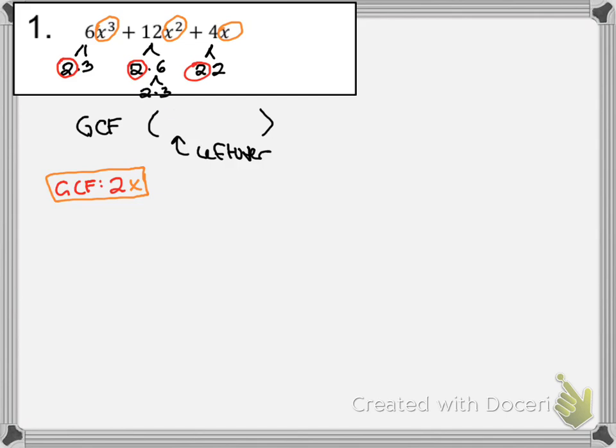What we don't know is what's left over after we factor out, or again, really divide everything by 2x. Let's rewrite that problem down here and see if we can figure this out. To find out what's left over after we factor out or divide by the GCF, we can divide every term by 2x.